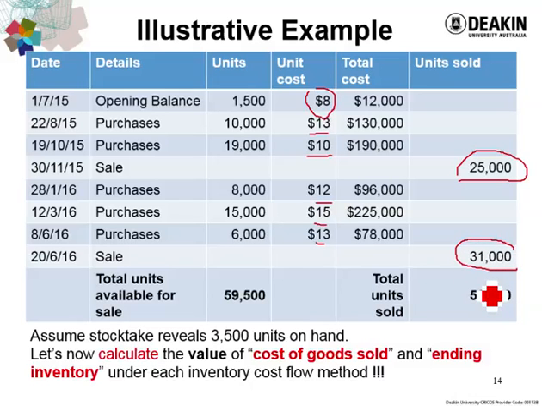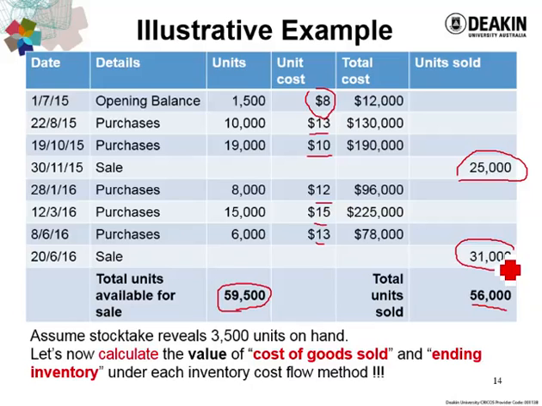In this case, the total units available for sale is 59,500, which is opening balance 1,500 units plus all the purchases. On the other hand, the total units sold are 56,000, which is 25K plus 31K.